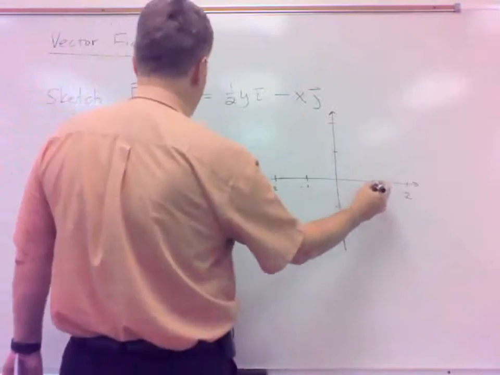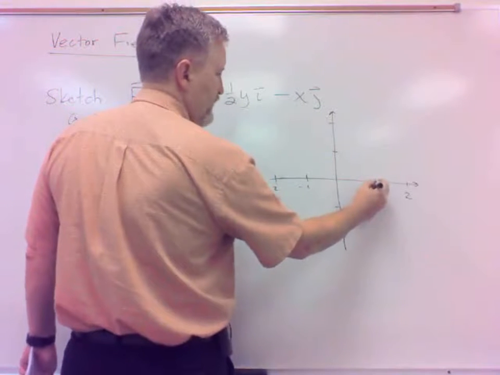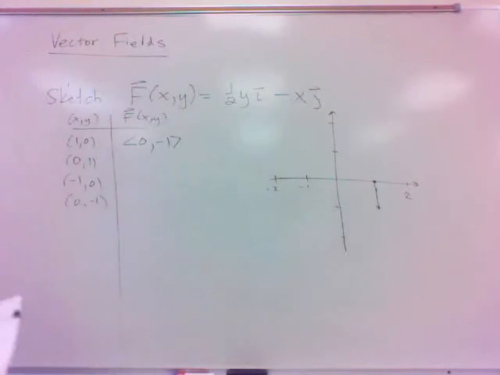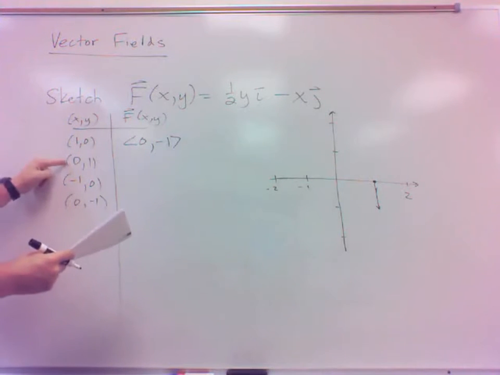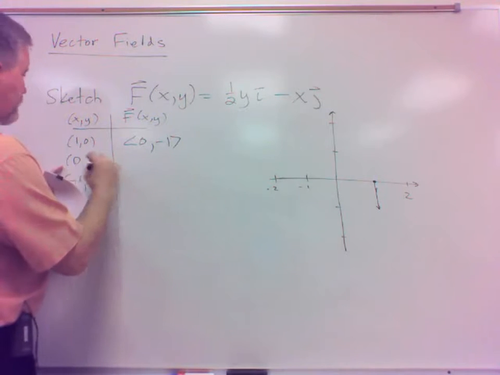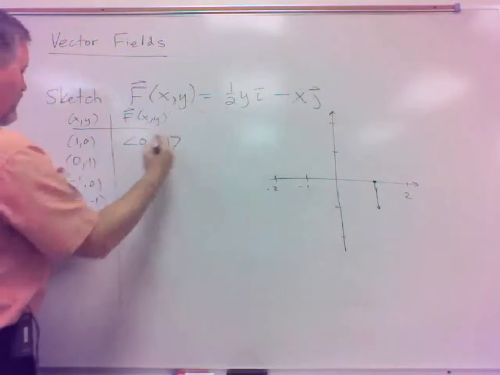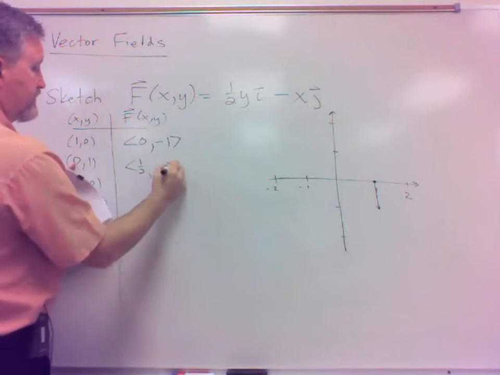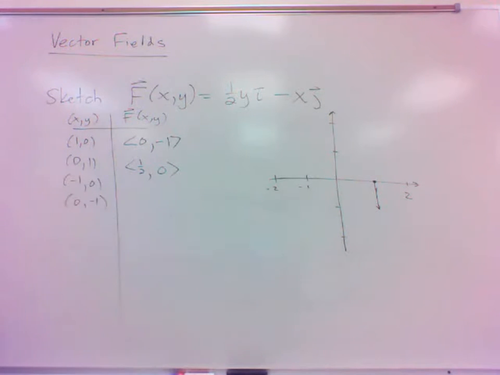And so that would just be nothing in the x and then down 1 in the y. So that would be that vector. All right, then if we have the point 0, 1, 1/2 of y would be 1/2, and then negative x would be 0.